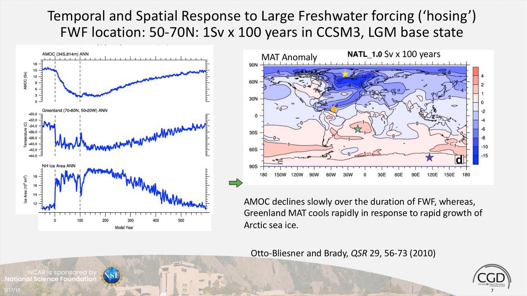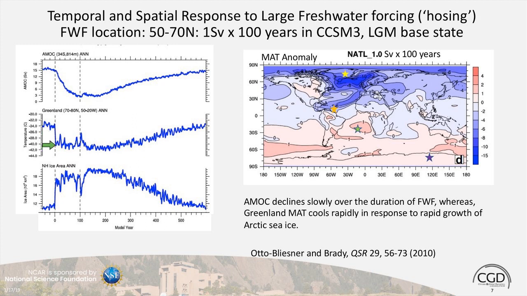These made good idealized studies for climate models, and this is one that Bette and I conducted with our LGM climate state, where we applied a one-sverdrup forcing for 100 years and looked at both the temporal response, shown here, and the spatial response. And what we found is AMOC declines through the forcing period with a slow recovery over the next few hundred years.